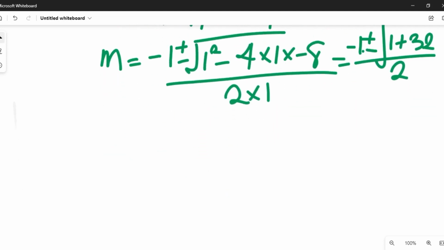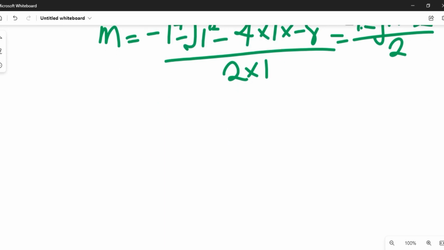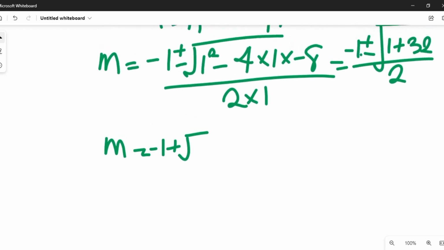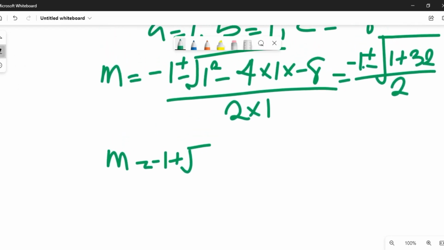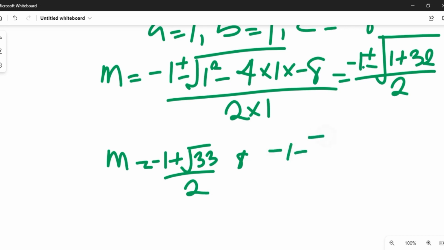Fine. So we will now have our m to be equal to minus 1 plus square root of, that will give us square root of what? 33, square root of 33 all over 2, and the other root will be minus 1 minus square root of what? 33 all over what? 2.